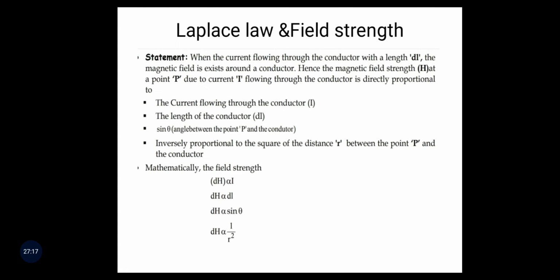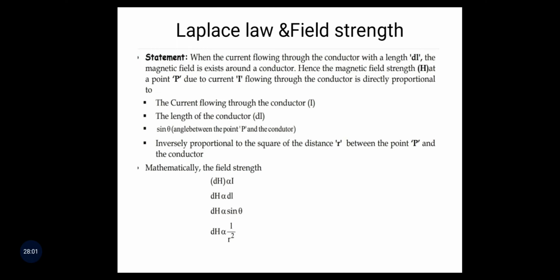Hence the magnetic field strength H at a point P due to current I is directly proportional to the current I, the length dl, and sin theta, the angle between the point P and the conductor, but inversely proportional to the square of the distance r.